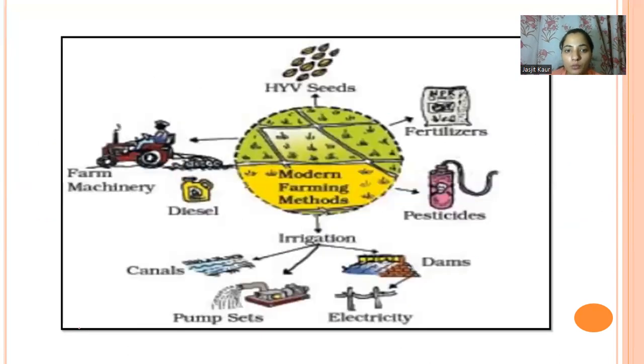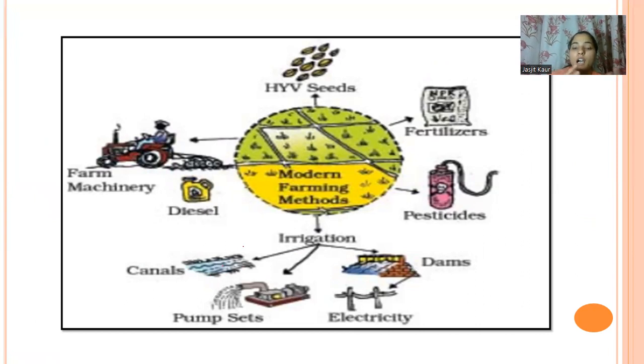Now moving forward, here is one thing. What do you think, how will this modern farming method help in your area? You must have seen that farmers have adopted modern farming methods in your area also.